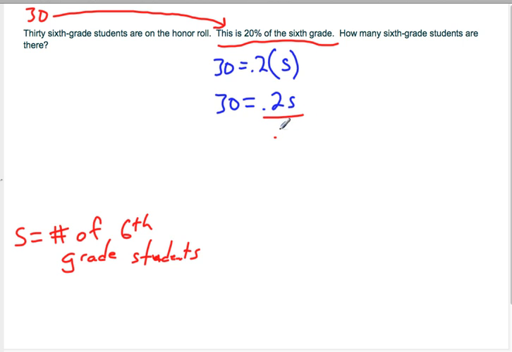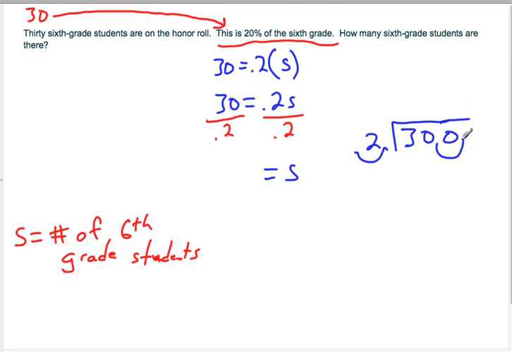Same deal, we're going to divide by 0.2 to isolate our variable. So we're going to get an S on this side, and 30 divided by 0.2, which is the same as 300 divided by 2, which is 150.